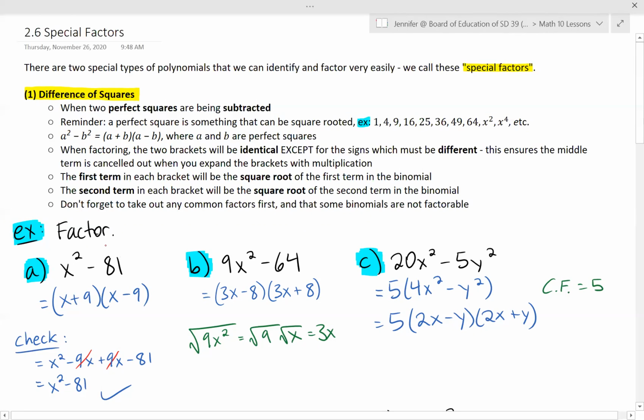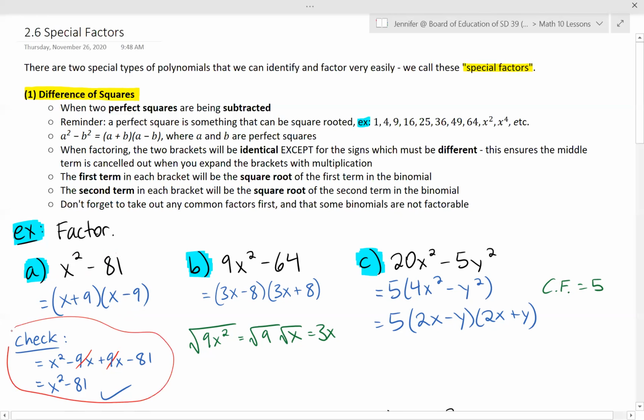So now that we've identified it as a difference of squares, we can factor it instantly because we'll just have our 2 brackets. They're going to be identical except for different signs. The first term in each will be the square root of the first term, which would be x. And then the second term in each is going to be the square root of the second term, which is 9. And as I said, one sign's positive, one sign's negative.